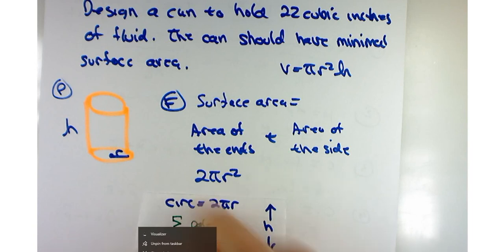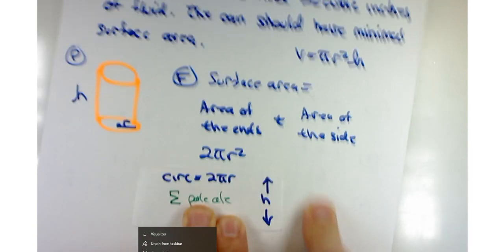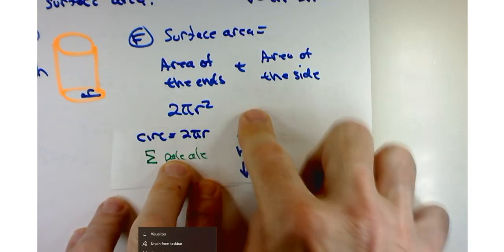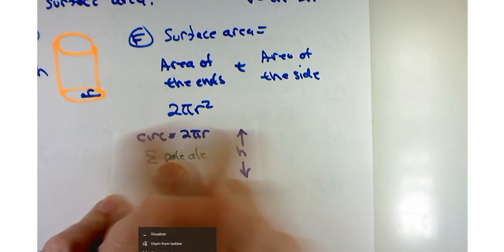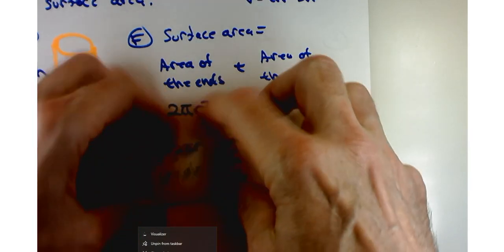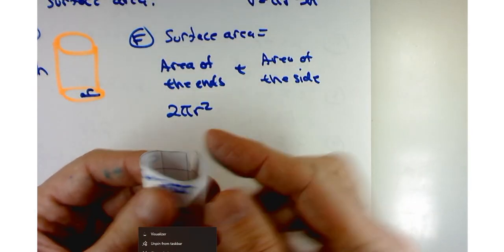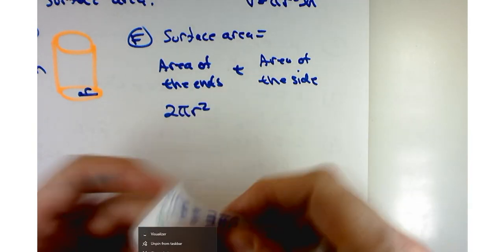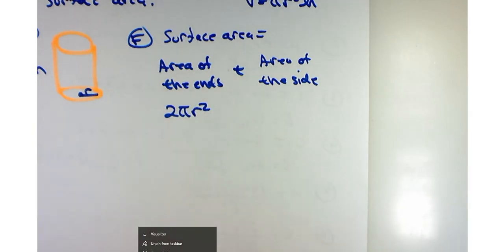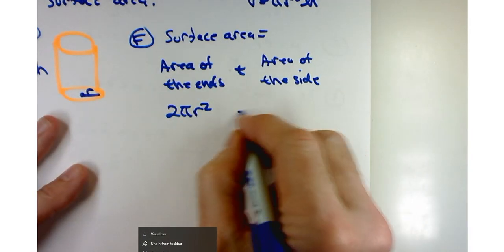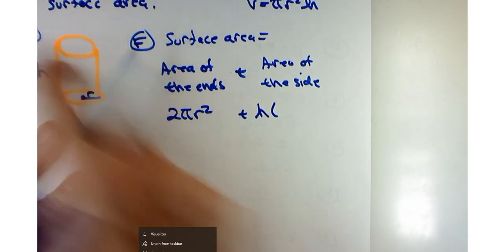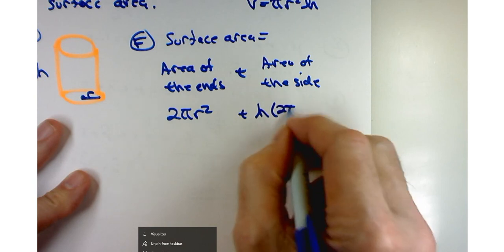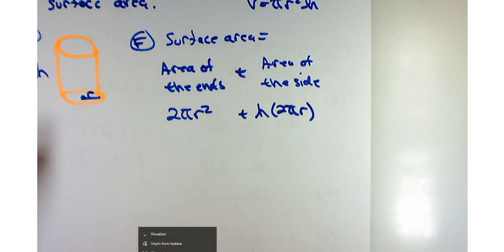So now finding the area of the sides is really finding the area of a rectangle, right? It's going to be the height times this top. But the length on that top really comes from the circumference of my can. So let's write it down this way. It's going to be h times the circumference, which is going to be 2 pi r, like that.